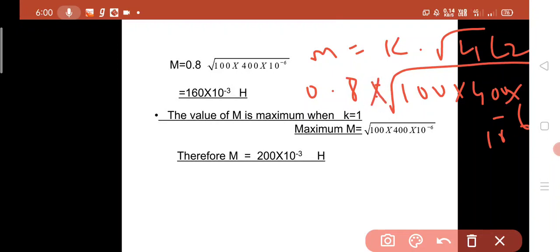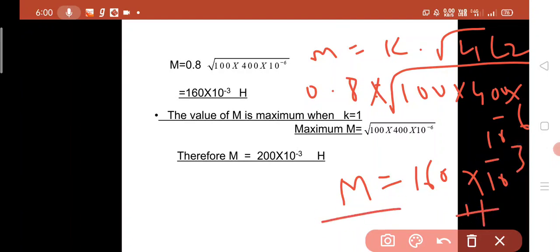So M is equal to 160 into 10 to the power of minus 3 H. The unit of inductance is Henry.